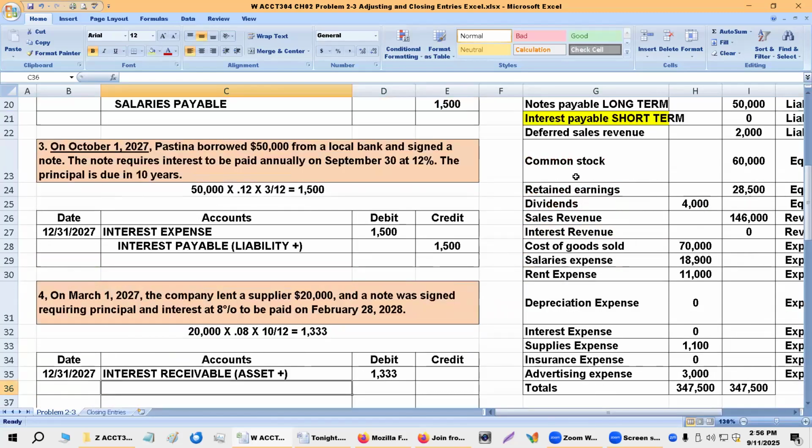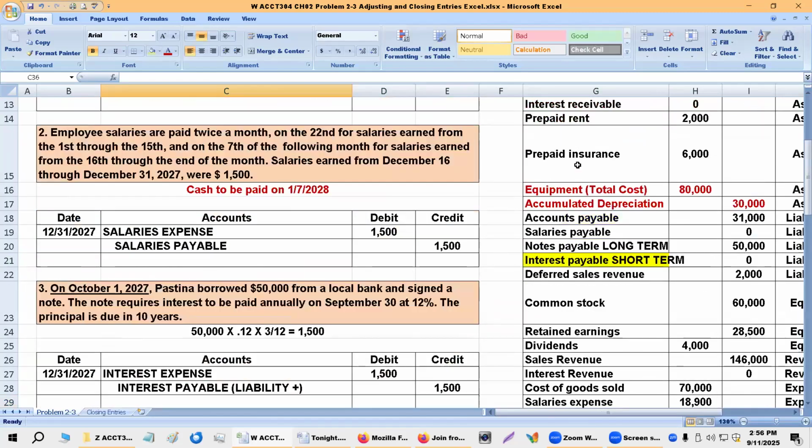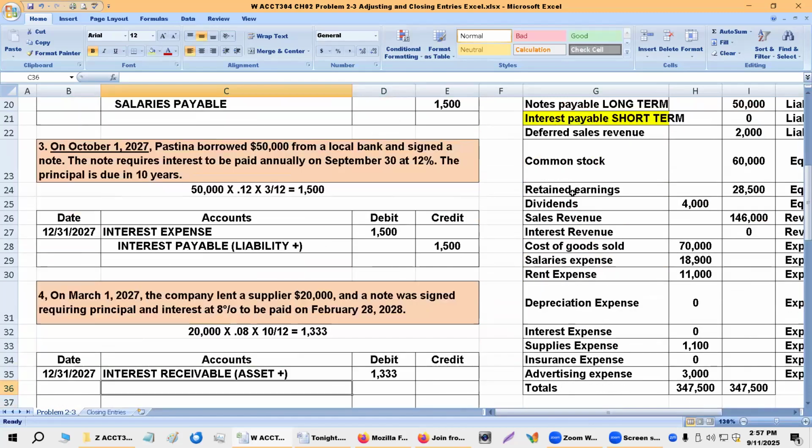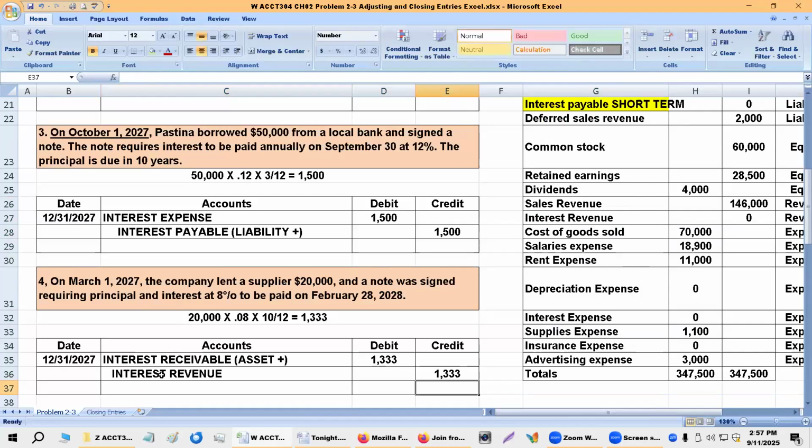The choices are over here. It's going to come from one of these. Here's all our revenues and our expenses. Yep, interest revenue. So they owe us money, we're going to pick that up as a revenue.